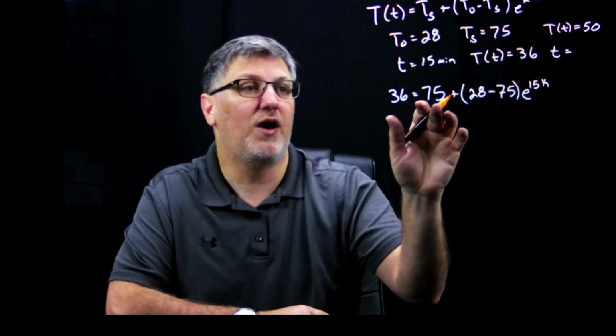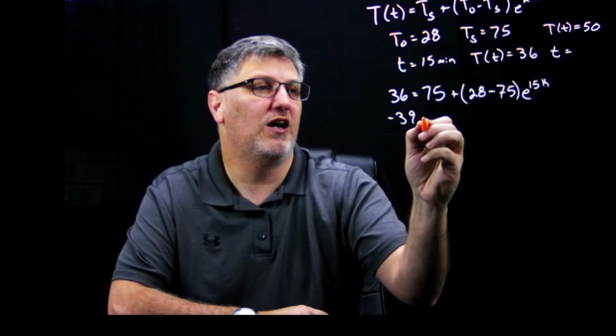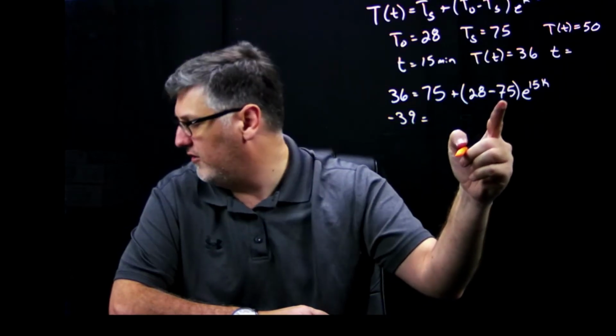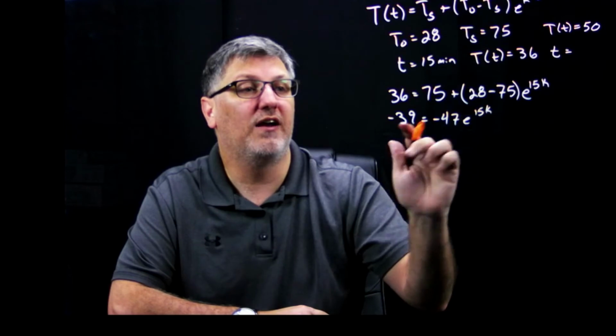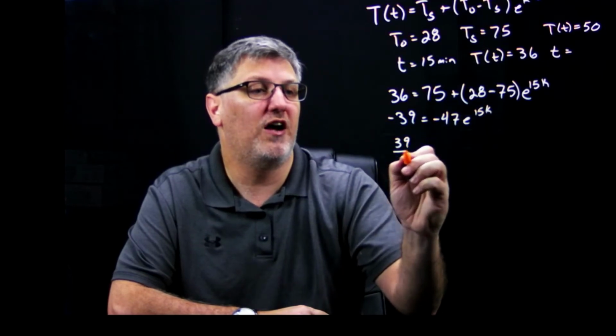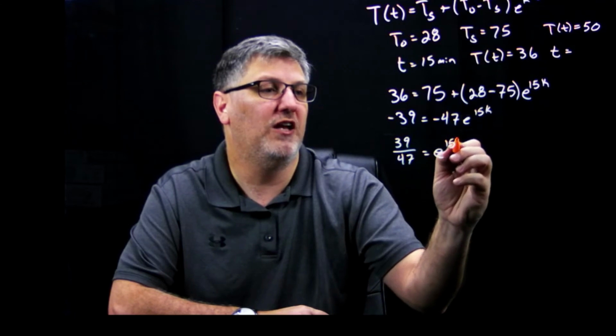So I'm going to subtract 75 from both sides, and I'm going to get negative 39 equals, well, we can simplify this down to negative 47 e to the 15k. I divide by negative 47, I get 39 over 47 equals e to the 15k.